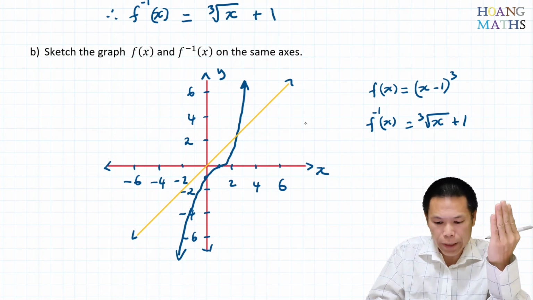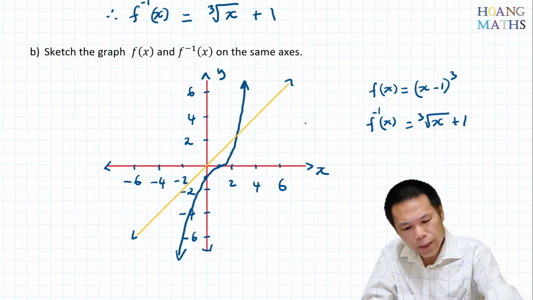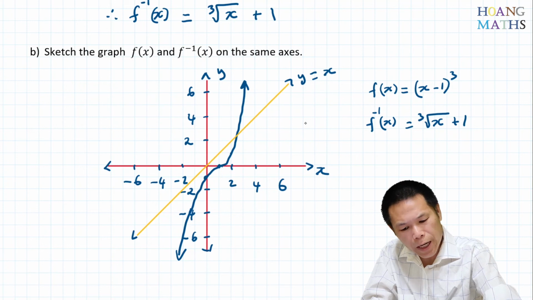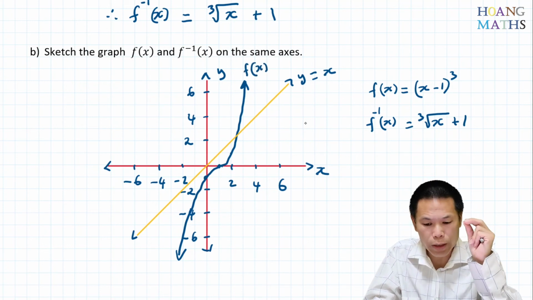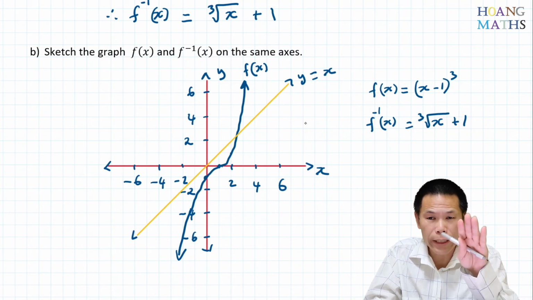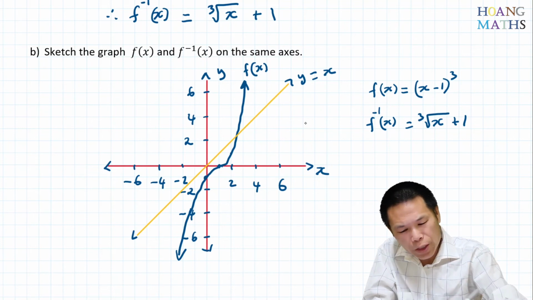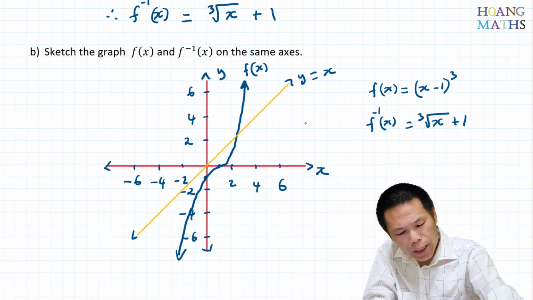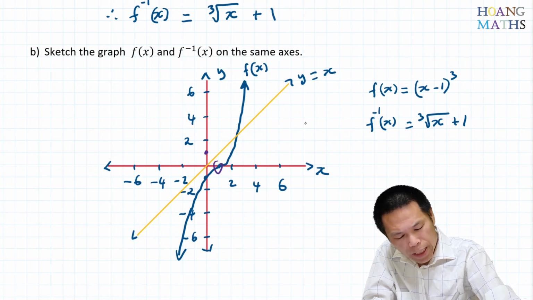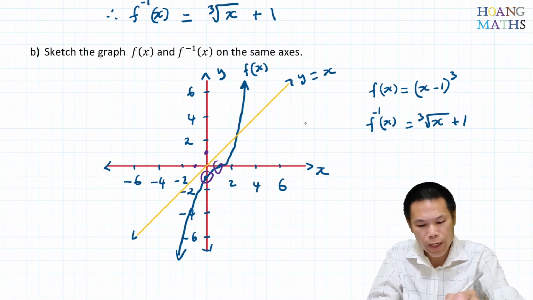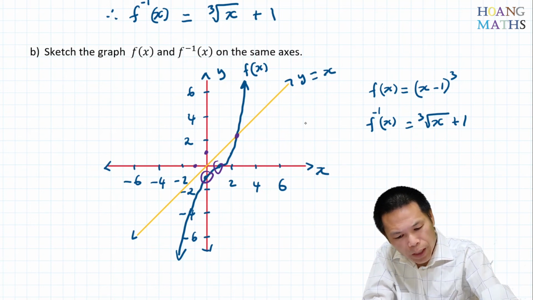So now to sketch the inverse, let me just write this down. y equal x first, and this is f of x. To sketch the inverse, we just look at the function and then we just reflect. Much easier, okay? So you can see this point here, (1, 0) becomes (0, 1). And (0, negative 1) becomes (negative 1, 0). And at this point here, they're always the same.